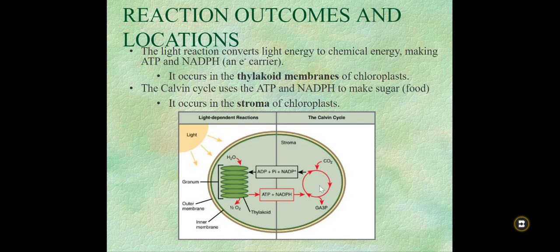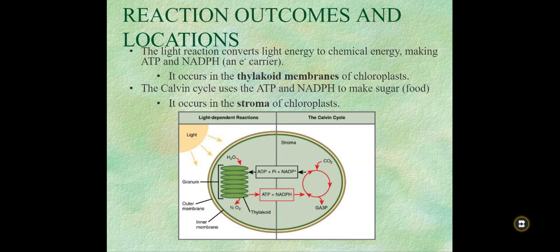And then we've got the Calvin cycle, occurring in the stroma. So here, this is CO2 going in. And here they have a molecule, and it says it's G3P. That is half a sugar. Depending on how you look at the Calvin cycle and how it happens to be structured, some videos are going to say you only have to go around the Calvin cycle once to make a sugar.